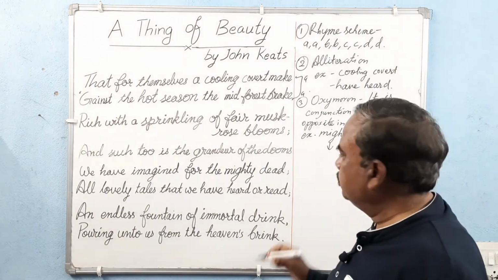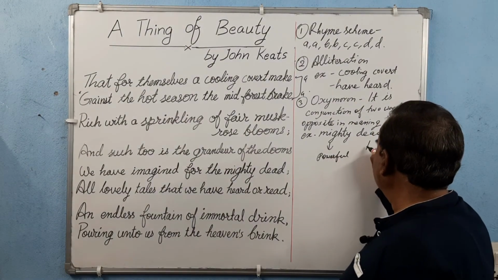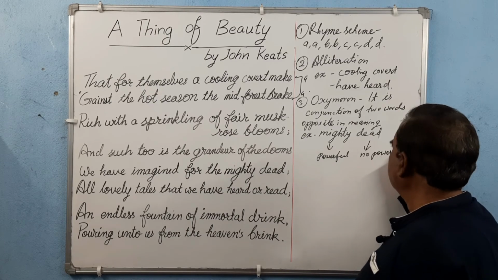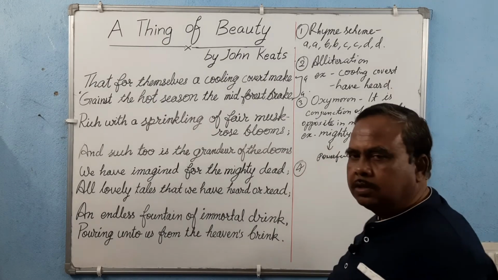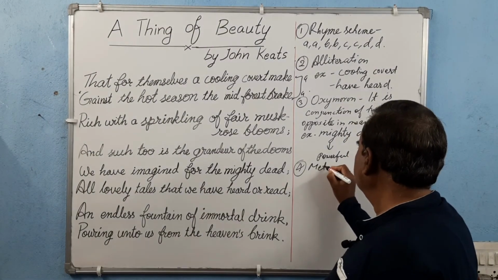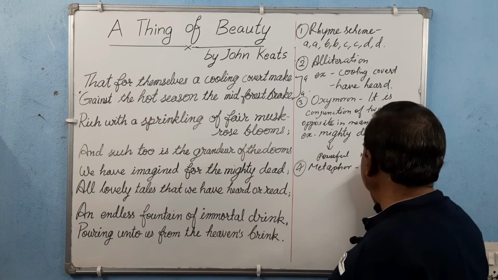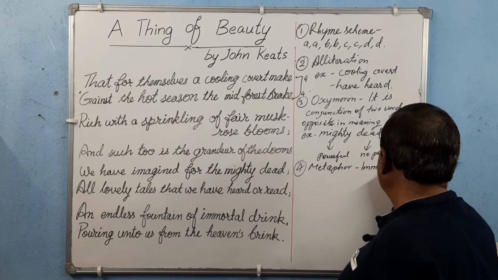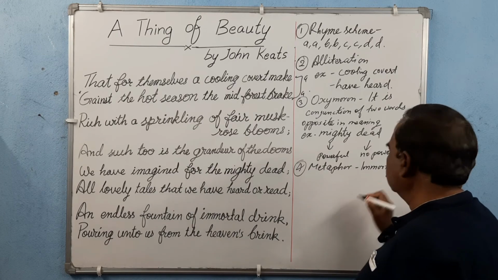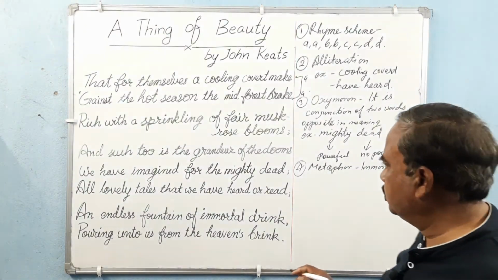Mighty means powerful. Dead means no power. Fourth poetic device is metaphor. Example, immortal drink. Immortal drink, it is a metaphor for a thing of beauty.